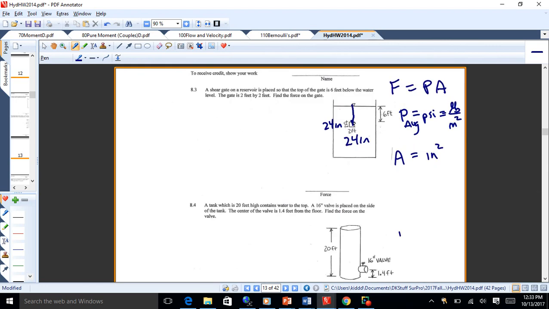The average depth is to the middle, which is 6 feet plus 1 foot more. So that'll be 7 feet to the middle. That's where the average depth is at. So we good with that? Any questions on that so far?